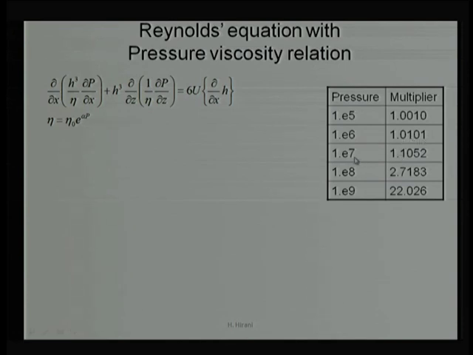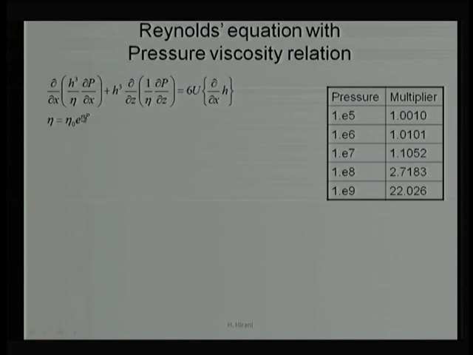With further increase in pressure, the multiplier keeps increasing, and the maximum value in this table occurs at 10⁹ Newton per meter square pressure, where viscosity increases to 22 times. So, whenever we know the pressure profile is on the higher side, we should include this kind of effect.